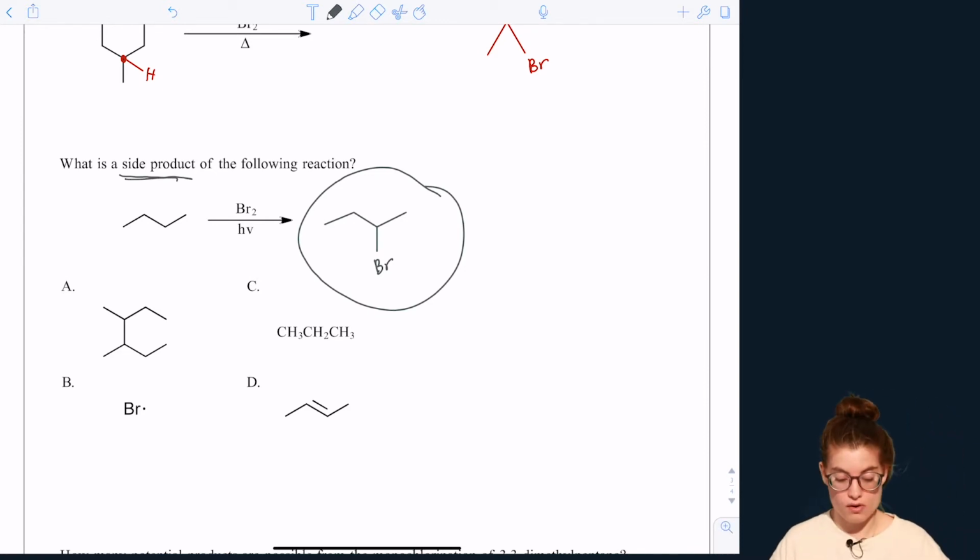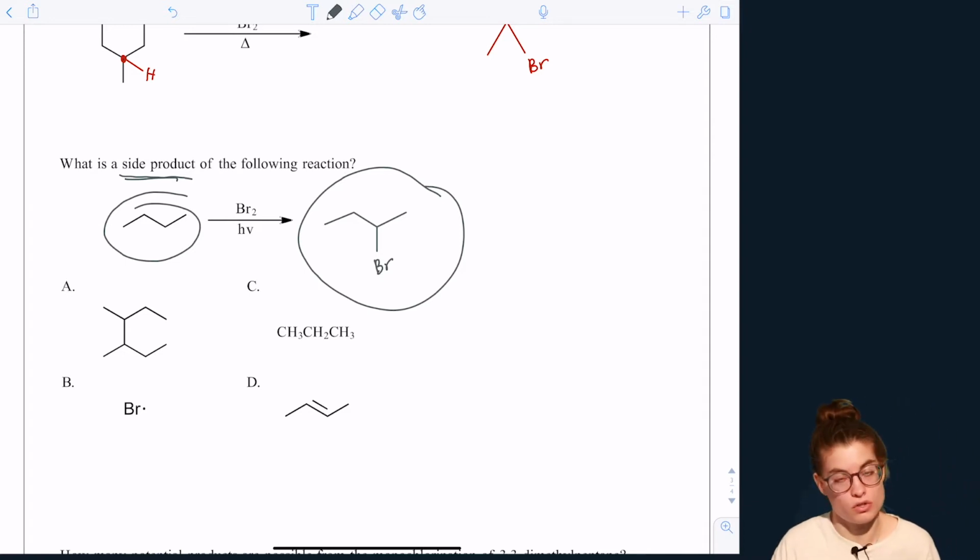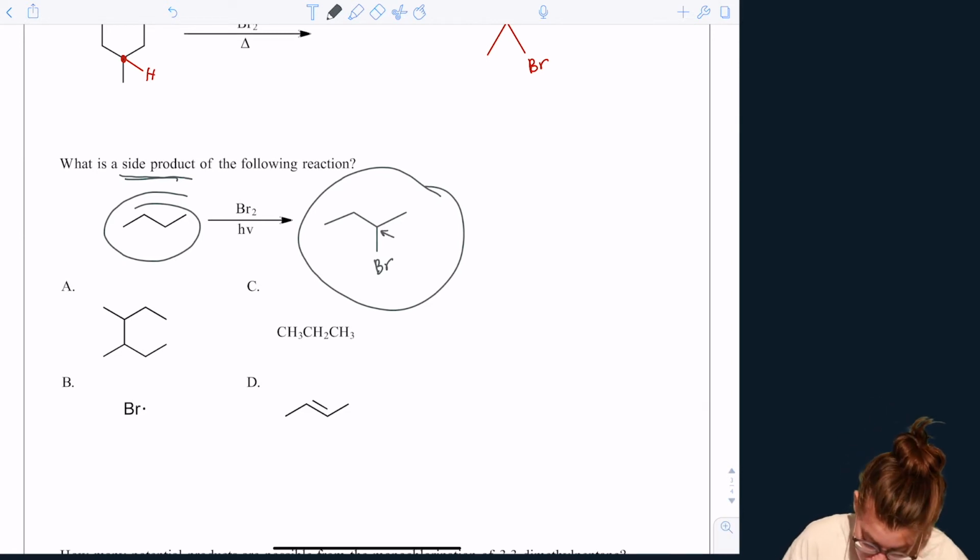And I know the side product is the termination step where I have two of my alkane radicals reacting together. So in order to figure out what my side product is, I have to figure out what my alkane radical looks like and then just put two of those together. So if my bromine ends up here, then I know I used to have a hydrogen there, right?